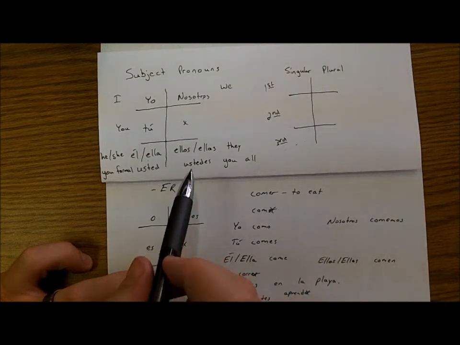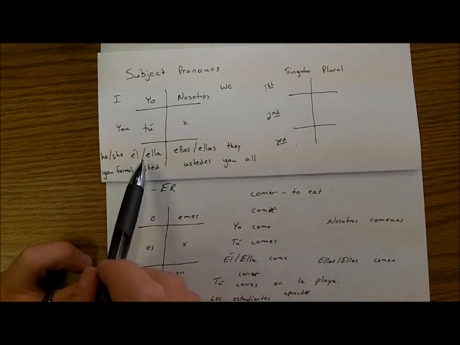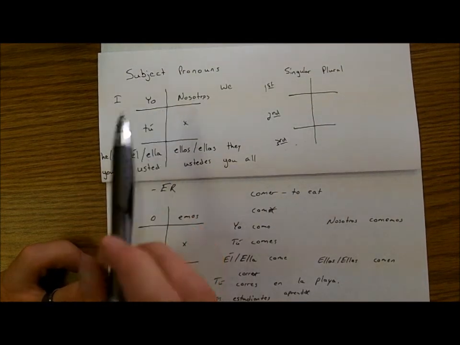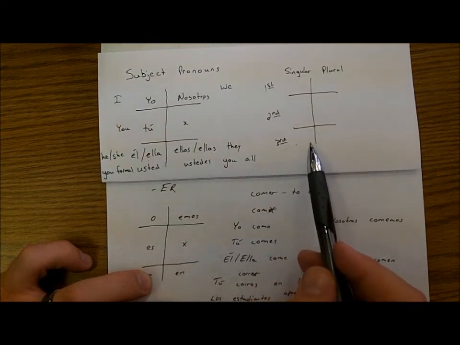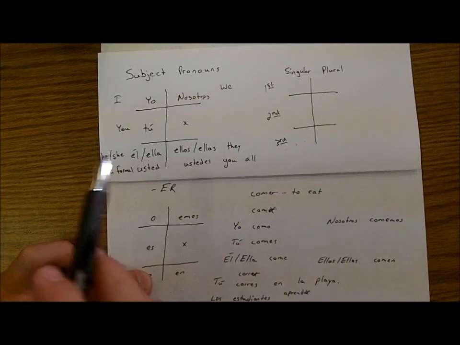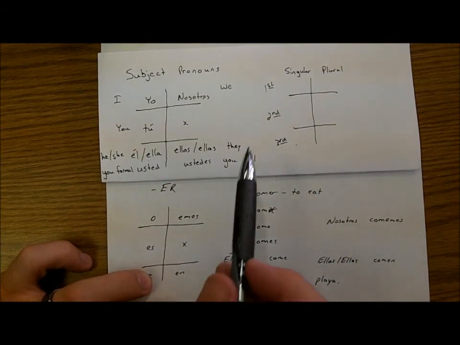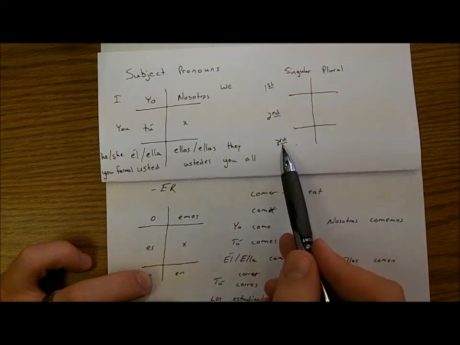So therefore we look up here. Now estudiantes is not ellos or ellas, él or ella, tú, yo, or nosotros. Remember we talked about this third person: if it's not including yourself, which is the first person, or talking to another person, which is the second person, everything else has to be in the third person.